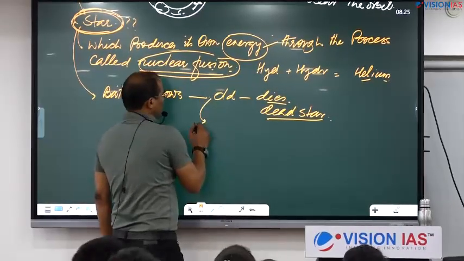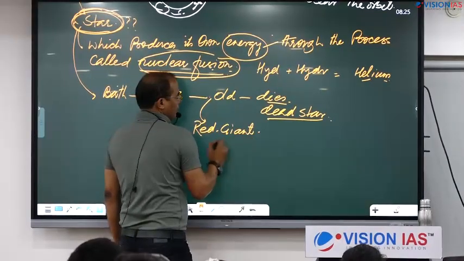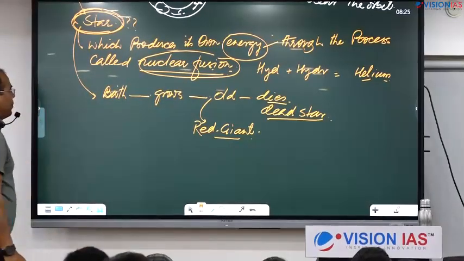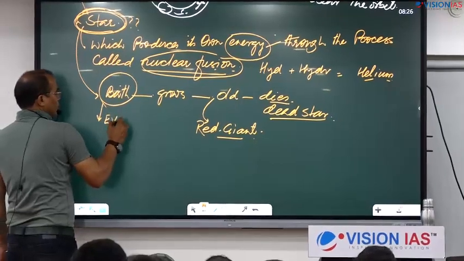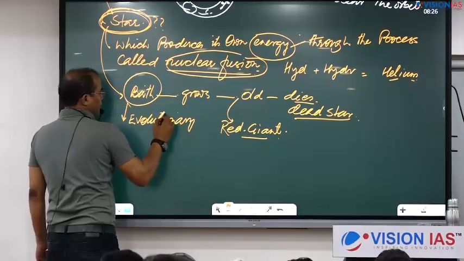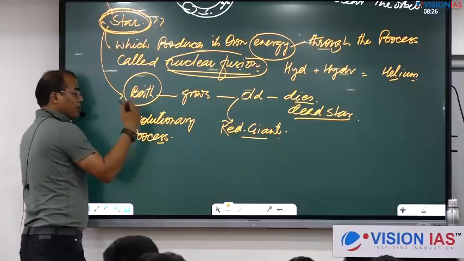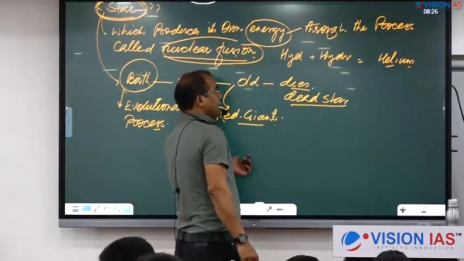This is what you call a red giant. Birth has an evolutionary process. We'll have solar system discussion later. We're just having a glimpse of it, which is needed.